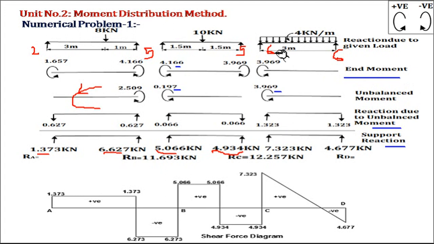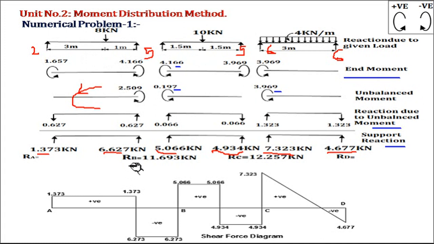So 6 is acting upward, 1.323 is also acting upward, so 6 plus 1.323 is 7.323. Now reaction at D, here it is acting downward, so 6 minus 1.323, that value comes to be equal to 4.677. So these were the support reactions for the different supports in the continuous beam A, B, C, D.